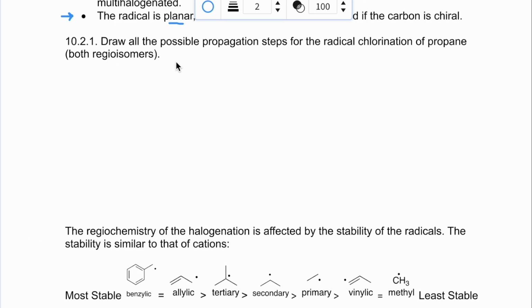Here we have some practice to try drawing all of the possible propagation steps for chlorination of propane. So let's see, chlorination of propane, what does that mean? So we have chlorine and we have propane.